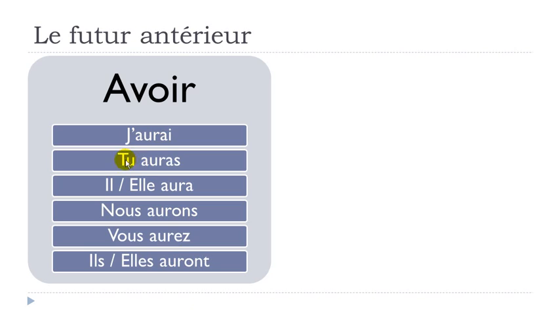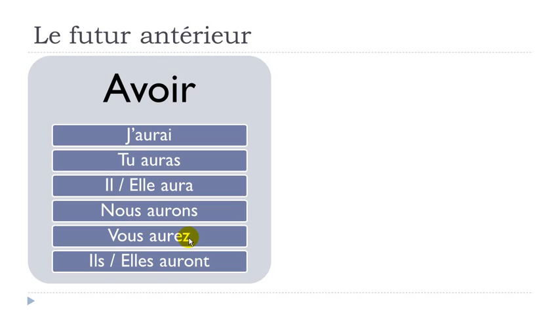Then tu auras, final S not pronounced, aura. Il aura, elle aura, okay. Nous aurons, final S not pronounced, O and N together, nasal, on, auront, alright. And then if you want to make this beautiful link, the little liaison between the two, it would be perfect. Nous aurons, okay.